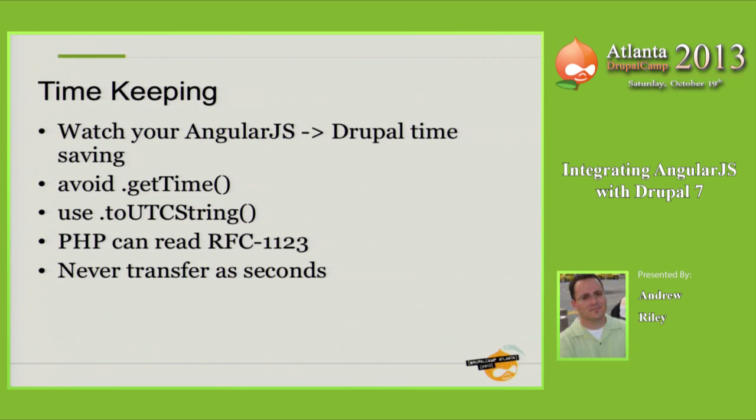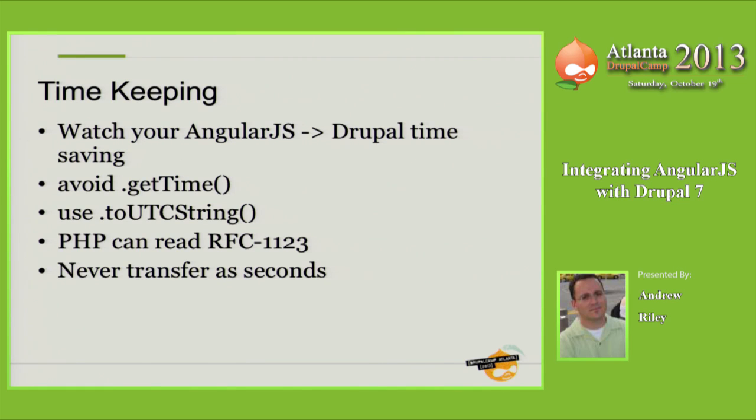But if you followed my advice and don't use getTime anyway, you can use toUTCString. And I recommend the toUTCString because PHP can decode it. Yes, it's bigger and it's kind of weird looking, but when you send that back and forth between JavaScript and Drupal services, it's kind of a nice intermediary format.